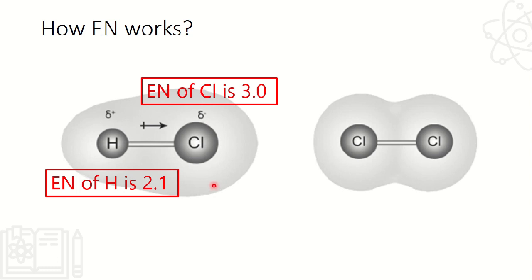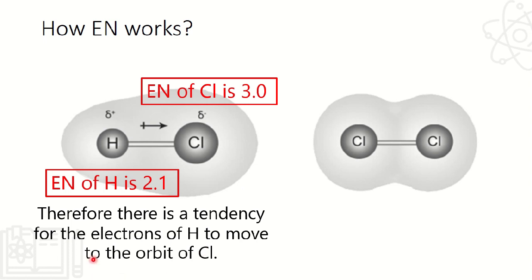Again, ang electronegativity ng chlorine is 3.0, electronegativity of hydrogen is 2.1. Therefore, in our conclusion, there is a tendency for the electrons of hydrogen to move to the orbit of chlorine. Yun ang mangyayari sa kanila pag nag-bond yung hydrogen saka yung chlorine atom natin.